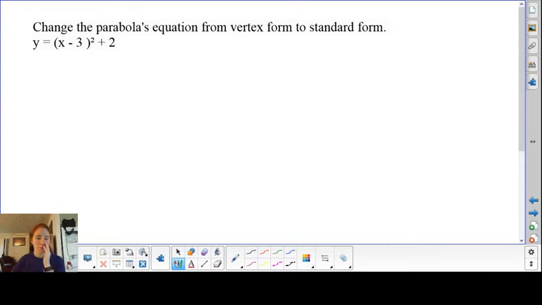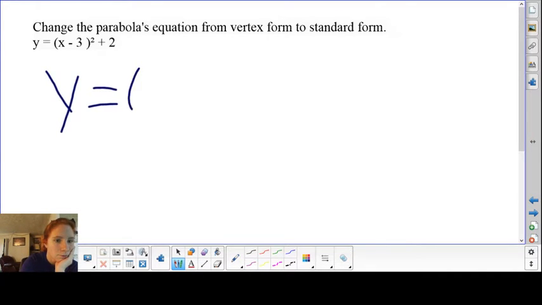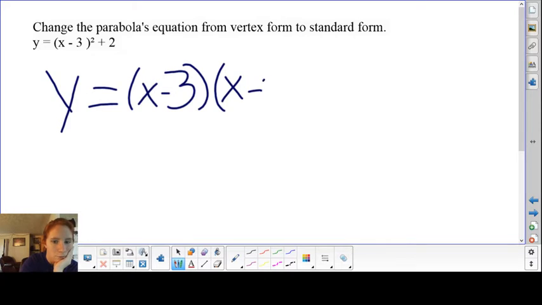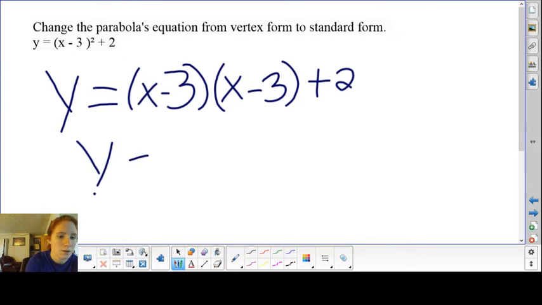Okay, let's try another one. x times x gives me x squared.